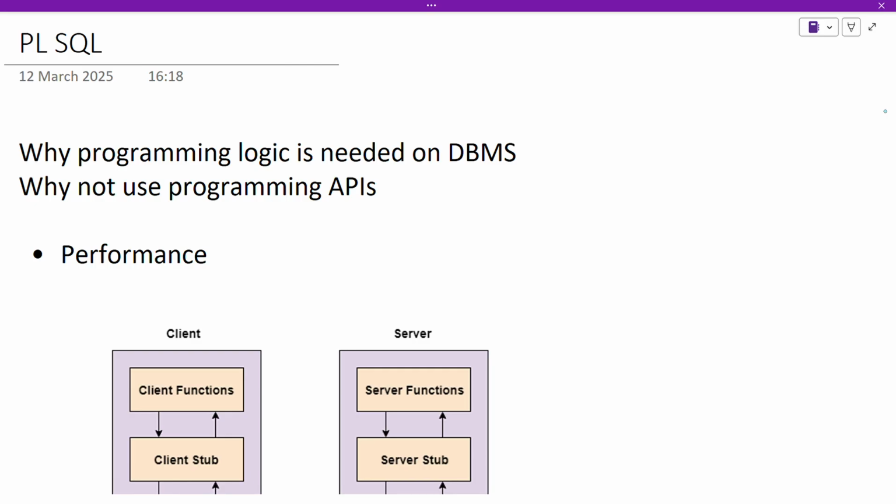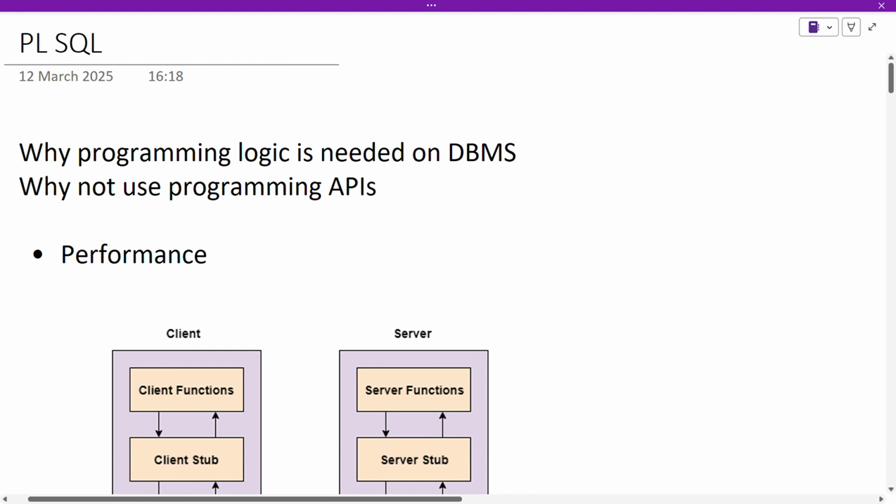It is possible. In fact, PL SQL work can be done using any programming language. Then why is it needed? Why are we learning about it, and why does it still exist if all the programming languages are there? This is going to be our first discussion.